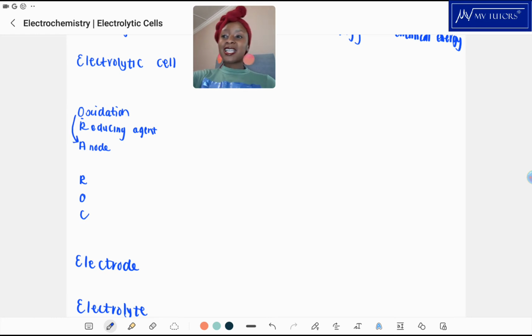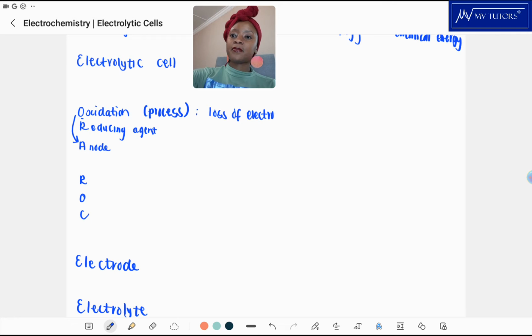Okay, oxidation is a process. So what is oxidation? Oxidation, basically, it is the loss of electrons. Now you have the reducing agent. In this case, it is a substance. We mentioned that oxidation is a process, and the substance that ensures that oxidation occurs is the reducing agent.